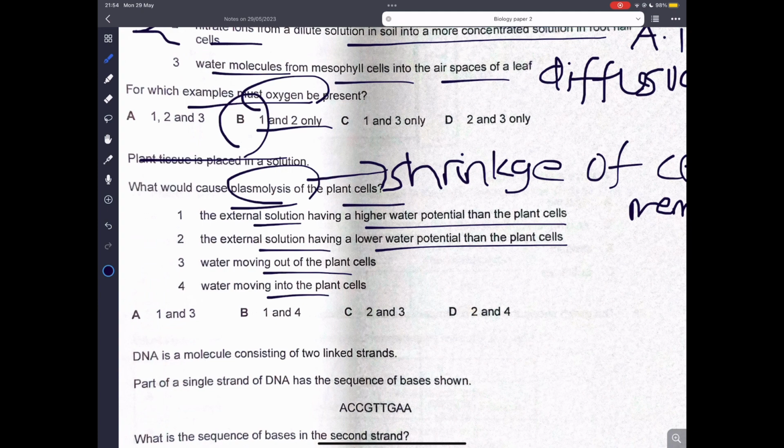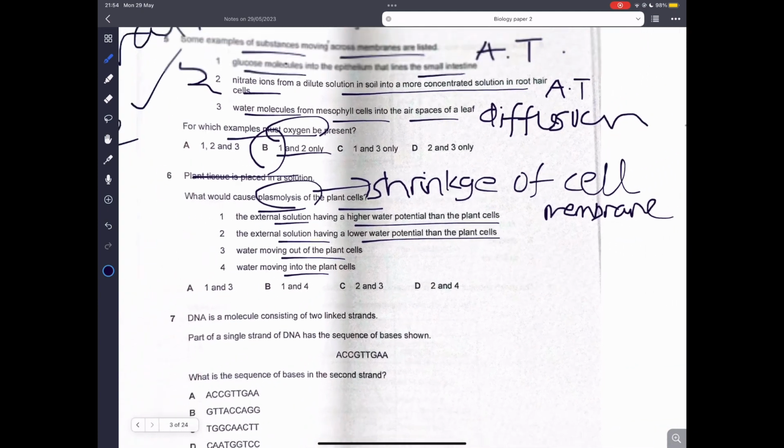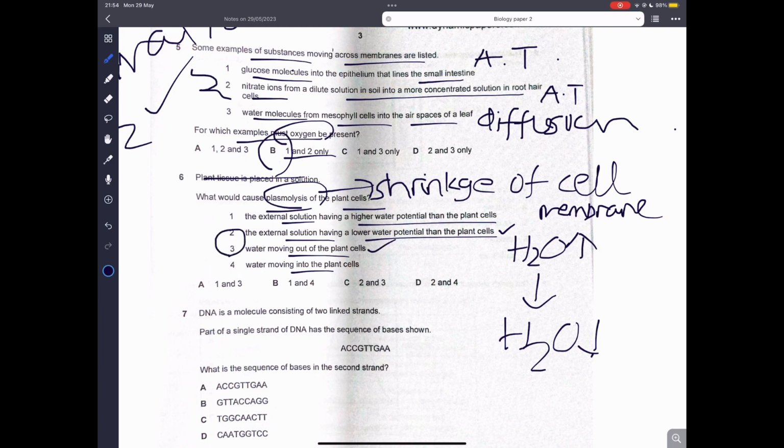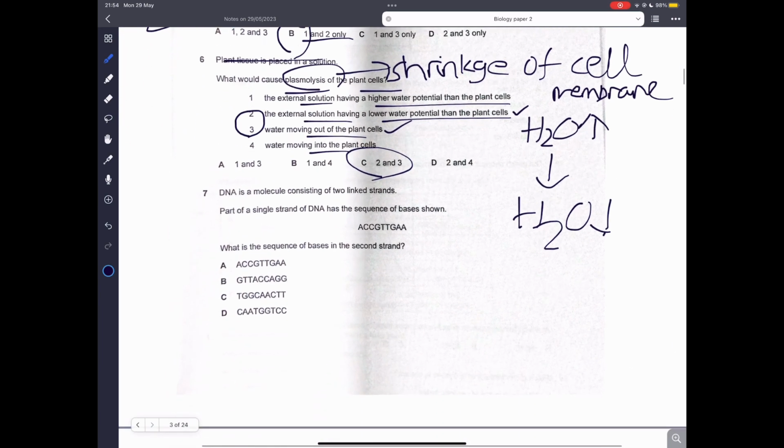So the external solution has to have a lower water potential. So all the water from the plant is going to go to the solution which has the lower water potential. And this means that the water moves out of the plant cell. So 2 and 3 are correct. And so here C is the reasonable answer.